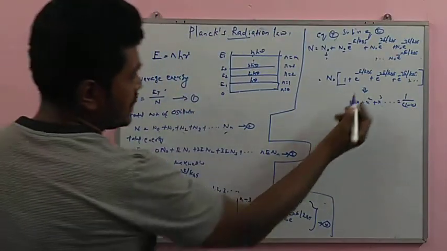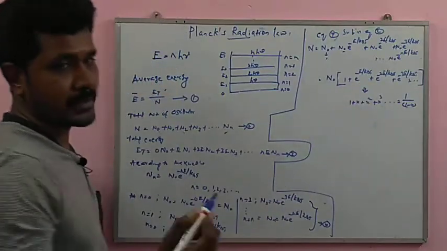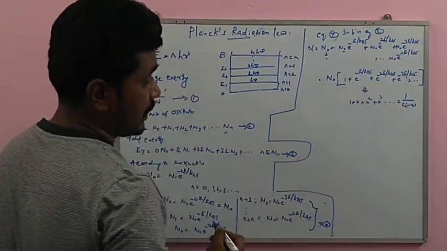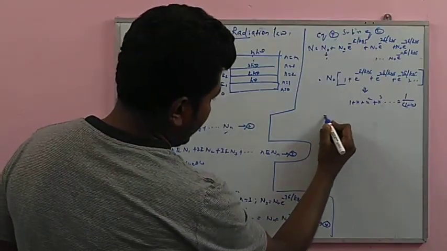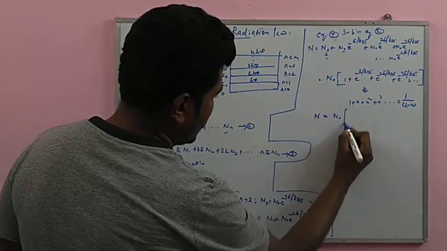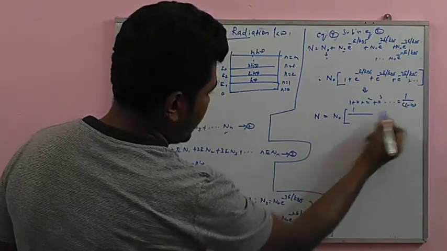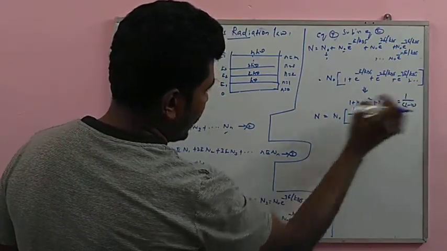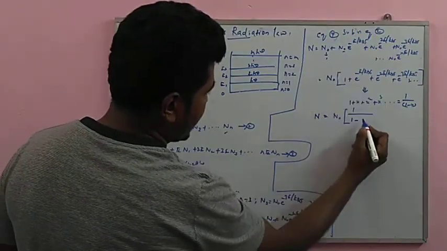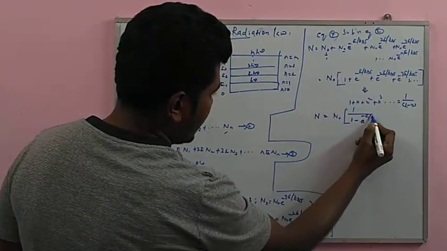Here x means e power minus E by kBT. So the total number of oscillators is N0 into 1 by 1 minus x, where x is e power minus E by kBT.